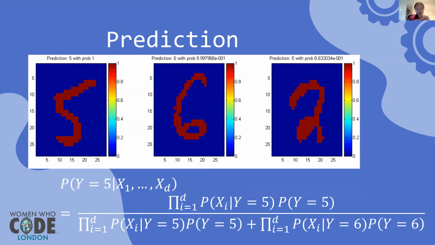Like in the first one, I keep calculating: let's say the probability of the first pixel being 0 is 1, and the first pixel in my new image is actually 1.